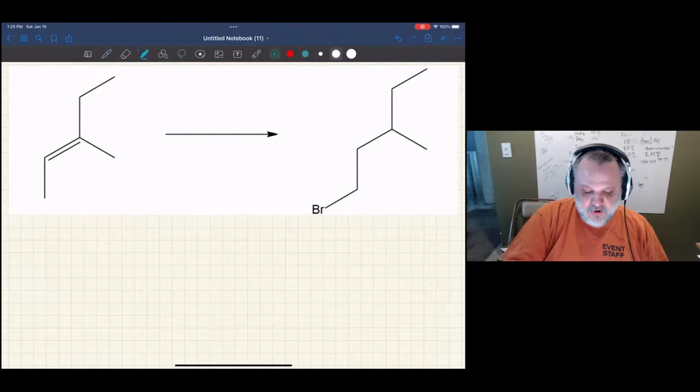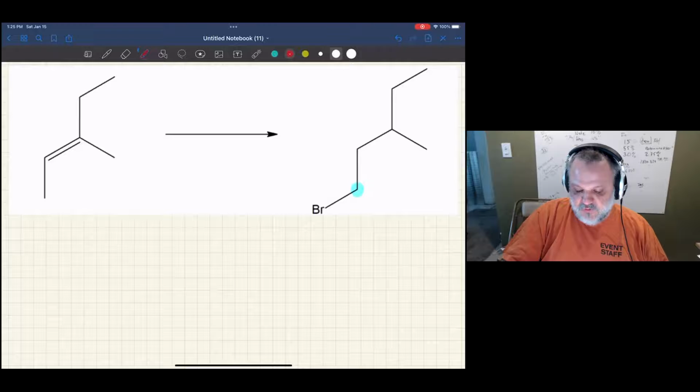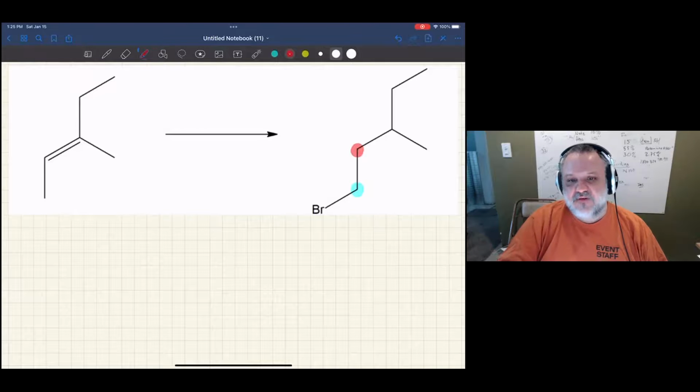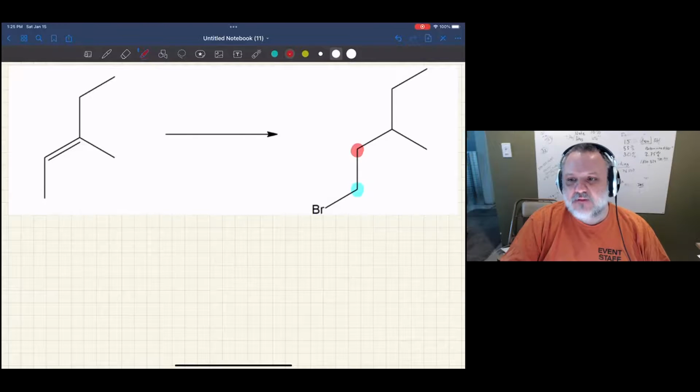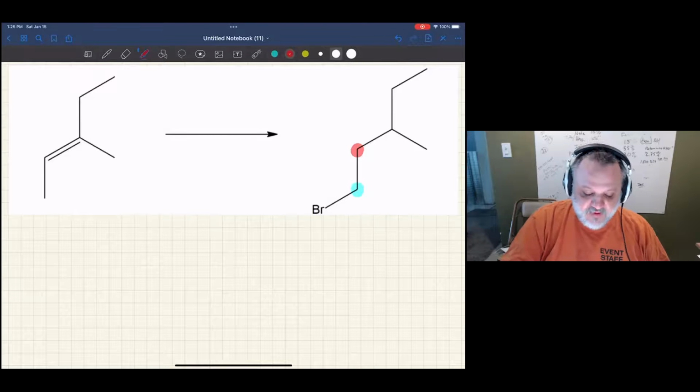This is a primary position, and the next closest one is a secondary position. We do know how to add bromine to something. Bromination or hydrohalogenation is the reaction. But we need to add it in a specific place, and in this case, it's the least substituted position.